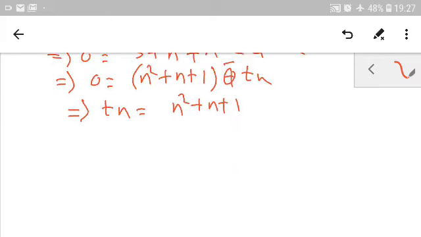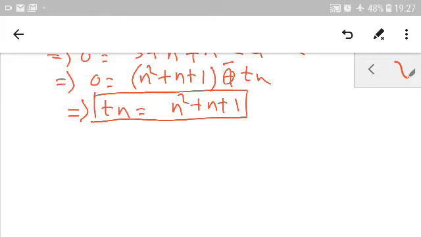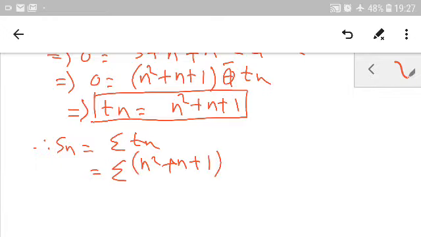Now I have to find Sn. Once I get Tn, then everything becomes easy for me. Therefore I will write Sn is the summation of Tn, which is the summation of n square plus n plus 1. Then I will split it like this: summation of n square plus summation of n plus summation of 1.